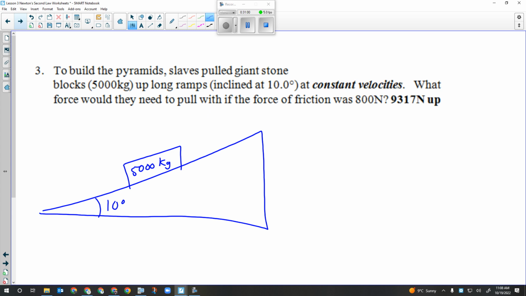It's constant velocity. So that means the forces up the ramp and the forces down the ramp are equal. I'm gonna have an applied force pushing up on the block. And then what forces are acting down?